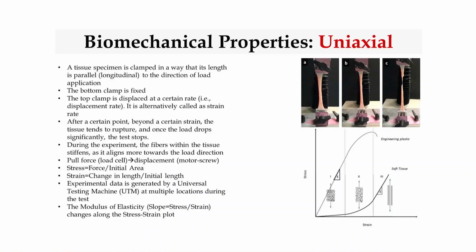The next step is that the bottom clamp is fixed. It doesn't move, and it is a constraint which is applied, right? The top clamp is displaced at a certain rate, which is also known as the displacement rate. This is typically given in millimeters per second or sometimes millimeters per minute.